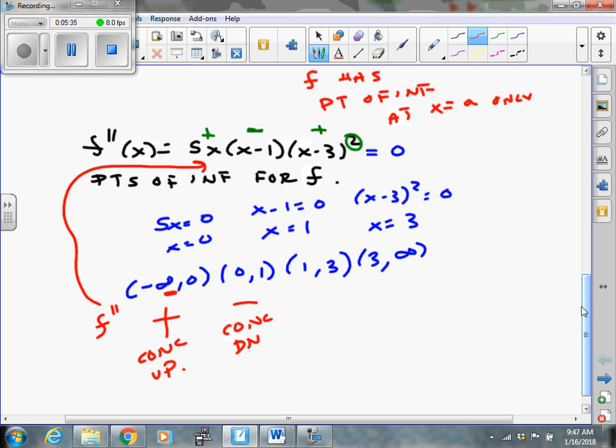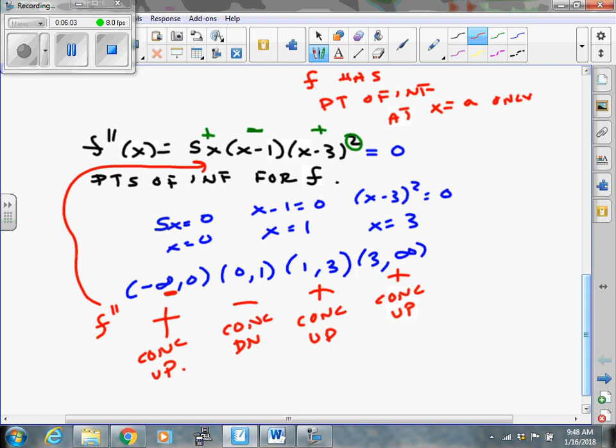Then from 1 to 3, I pick a number like 2, I get a positive, positive, positive, hence that's positive, concave up. Finally, if I pick a number like 4, I get a positive, positive, positive, it's concave up. So I know this function is concave up from negative infinity to 0, and 1 to infinity.